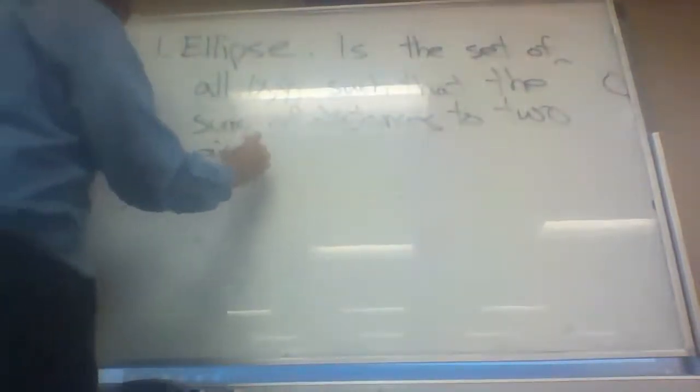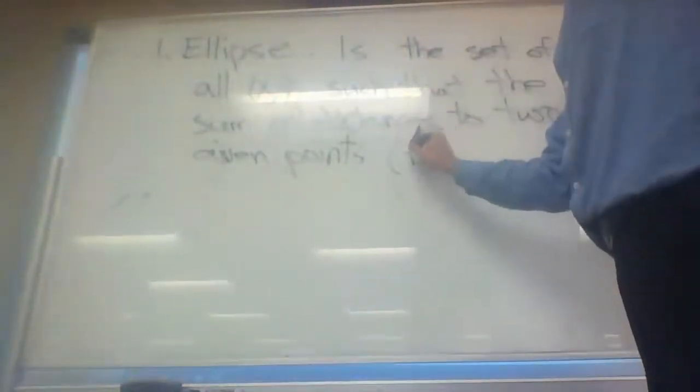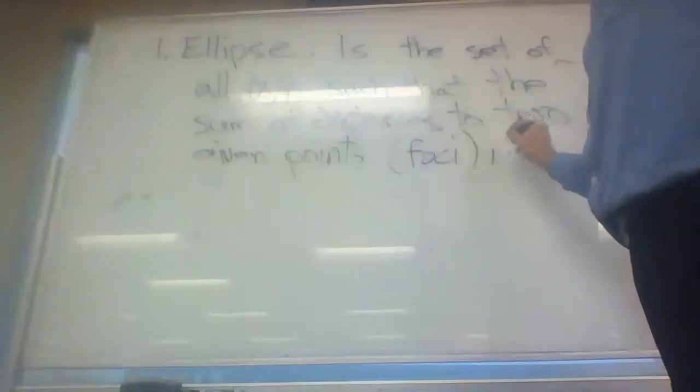And the ellipse, we wrote this before, is the set of all points such that the sum of the distances to two given points, called the foci, is constant.